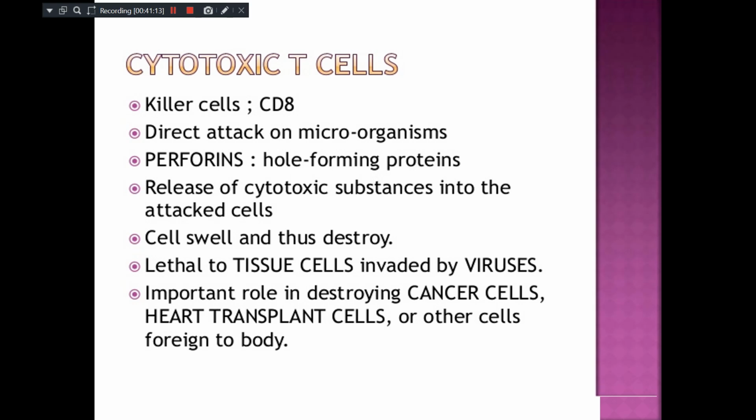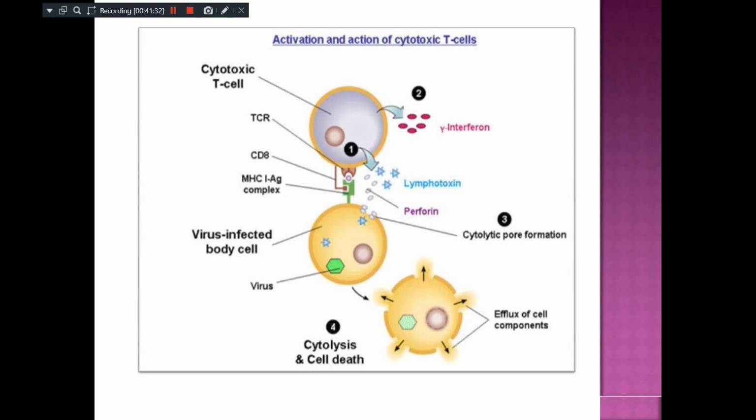Killer cells will recognize the cancer cell and make a hole and then release their cytotoxic substance into the attacked cell only. Only the cells which are infected by the cancer are destroyed. Even in foreign bodies or heart transplant cells, all these things have been seen.